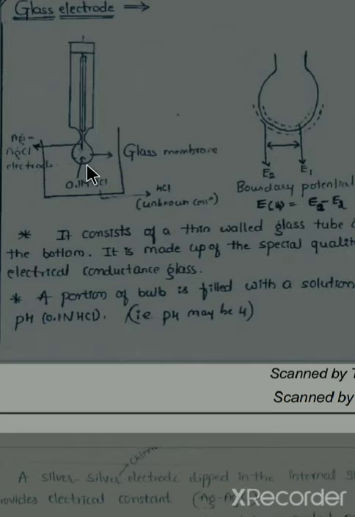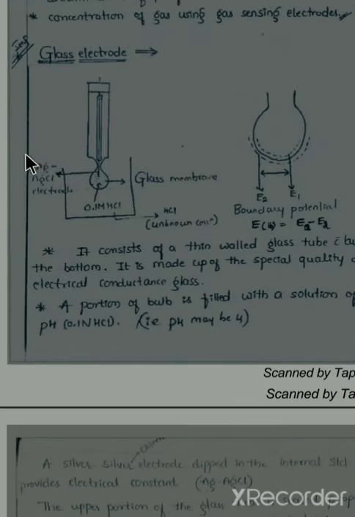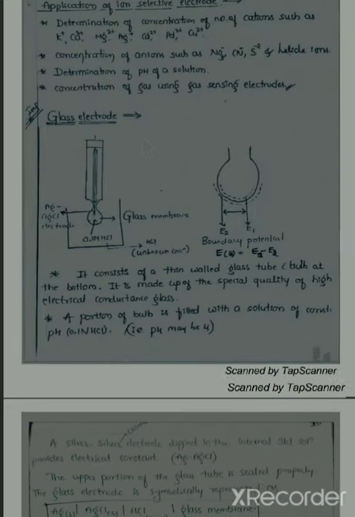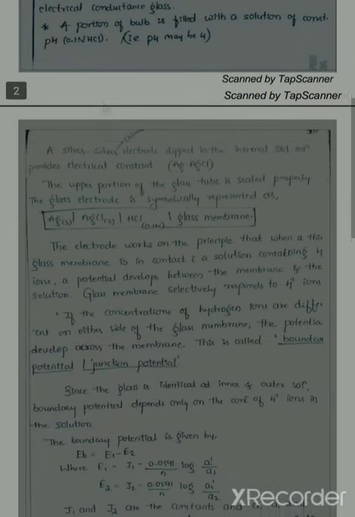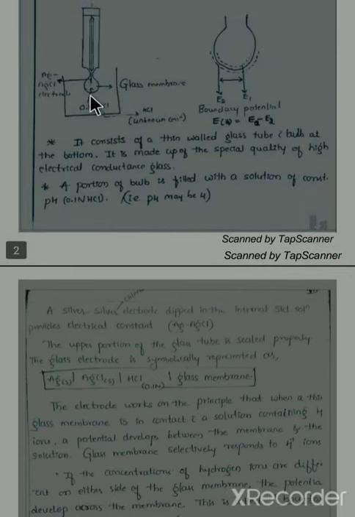So pH 4 means that it is acid, that's what it is, HCl. HCl is an acid, which has a pH of 4. Next, the AgCl electrode. This is the silver chloride electrode which is dipped in the solution, and that provides the electric contact. Now the upper portion of that glass tube is sealed.